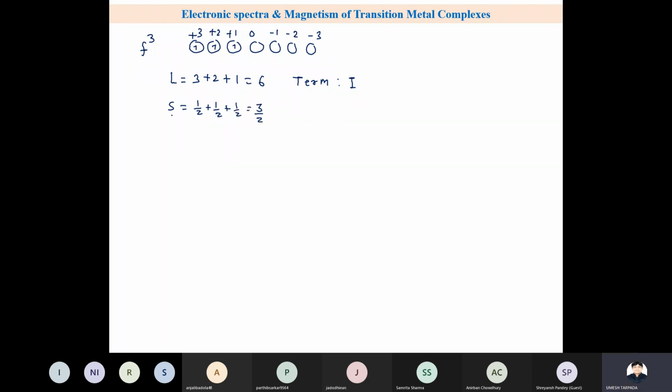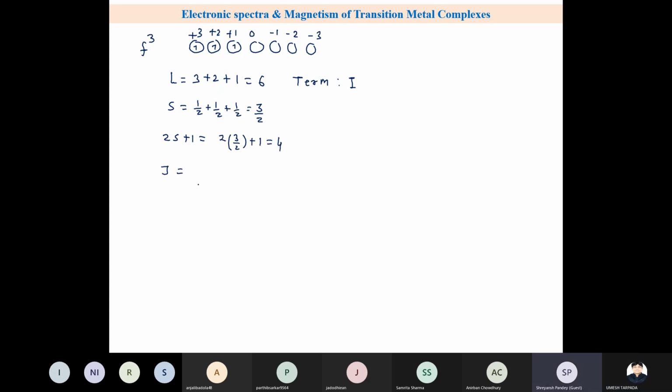So 2S plus 1 becomes, what is its multiplicity? 4. It is 2 into 3 by 2 plus 1, that is 4.